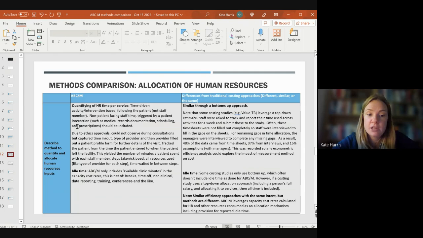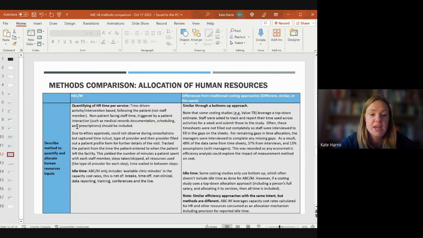They also include in this estimate non-patient facing staff time, such as medical records documentation, scheduling, prescriptions. And how they do this is that when they're doing those observed site visits, they're following the patient and tracking when a patient goes inside a clinic room and comes back out, and noting how many minutes these things have taken.